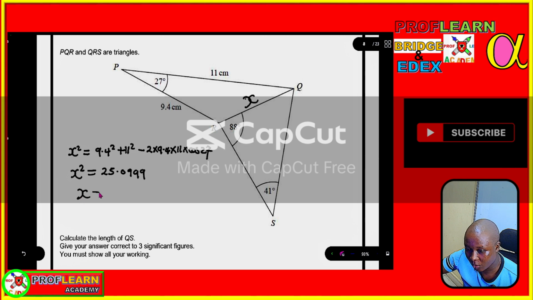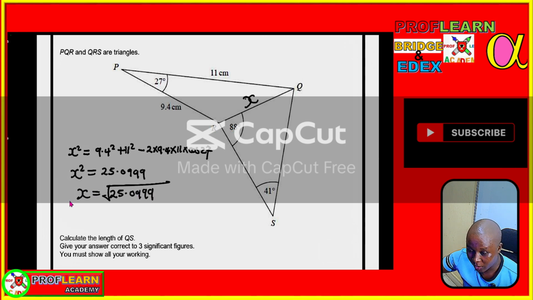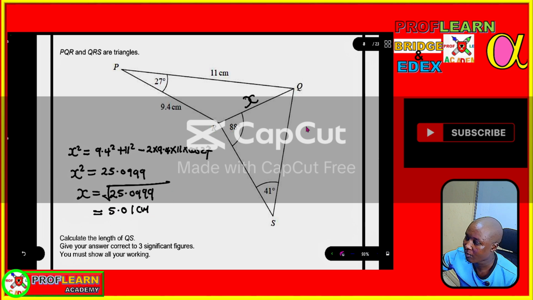So our x is going to be the square root of 25.0999. If I find the square root of this, I'm going to get my answer equivalent to 5.01 centimeters. So this length here is 5.01.